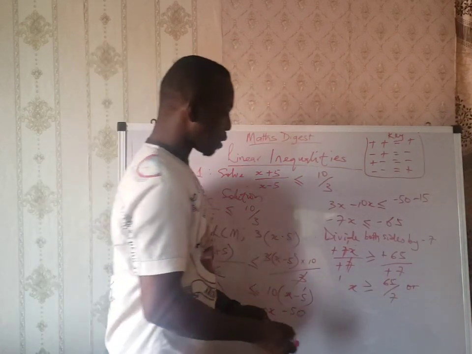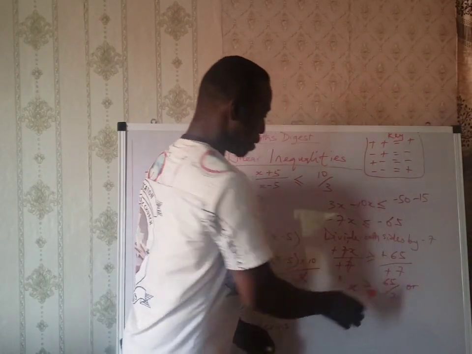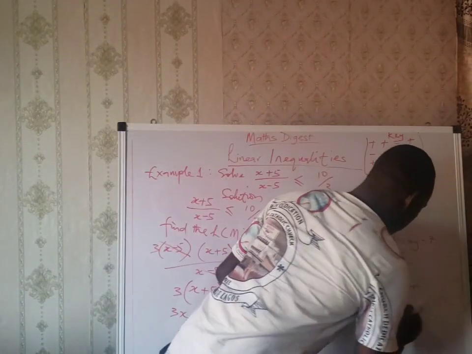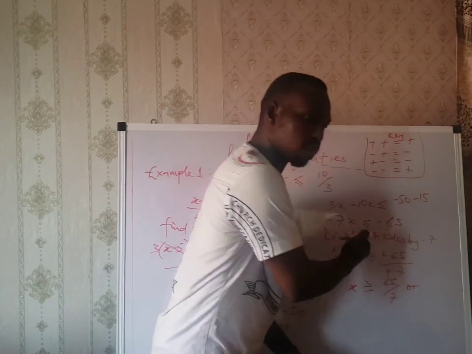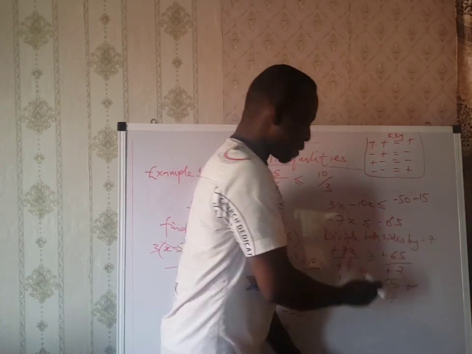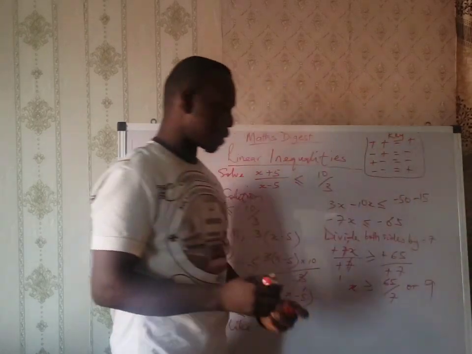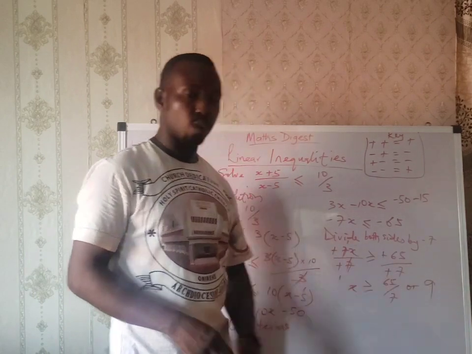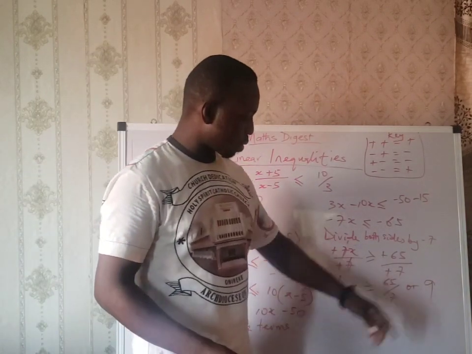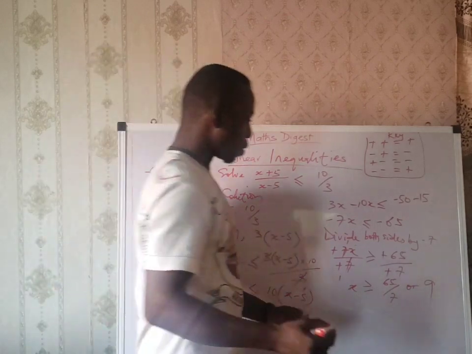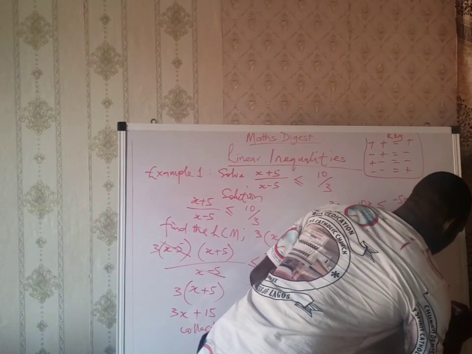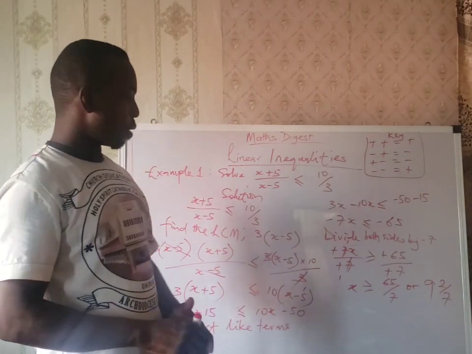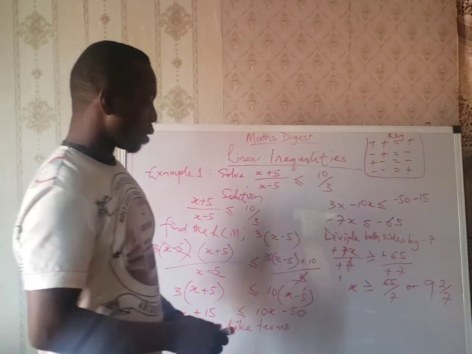So 7 divides 63 and we get 9. This 9 stands as the whole number. Now, 9 times 7 is 63. 65 minus 63 is 2. That remainder 2 will be taken up, and we now have 7 under it.